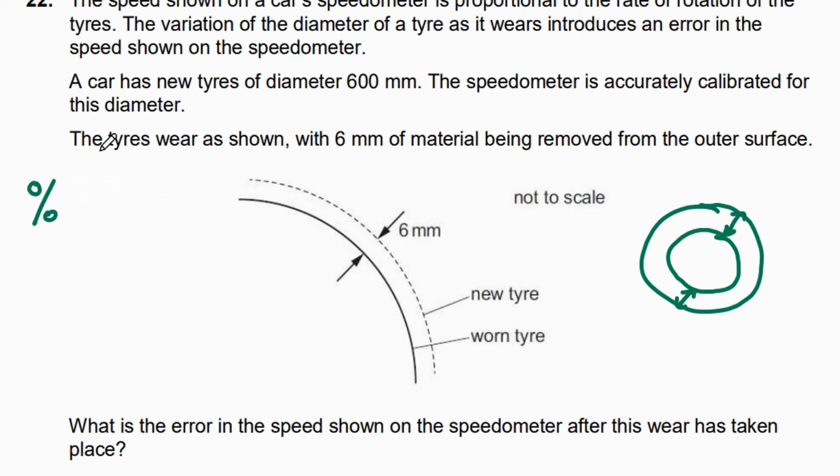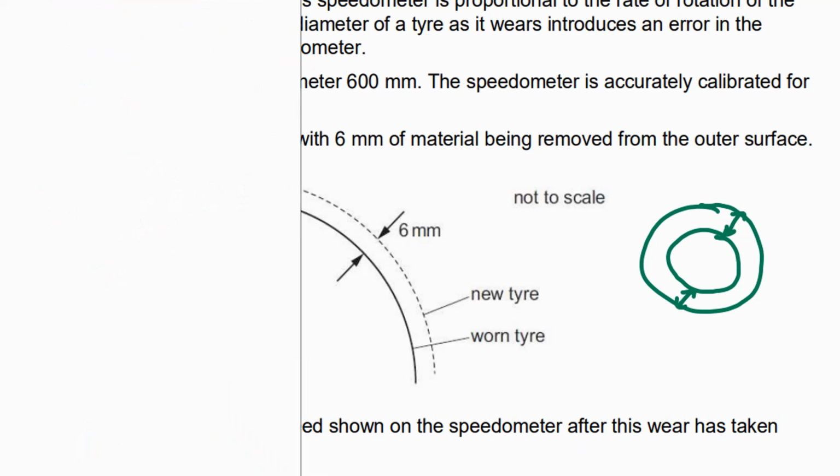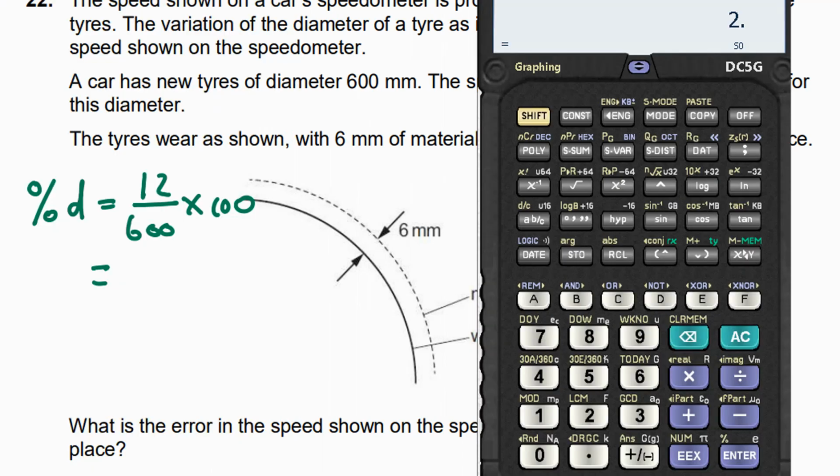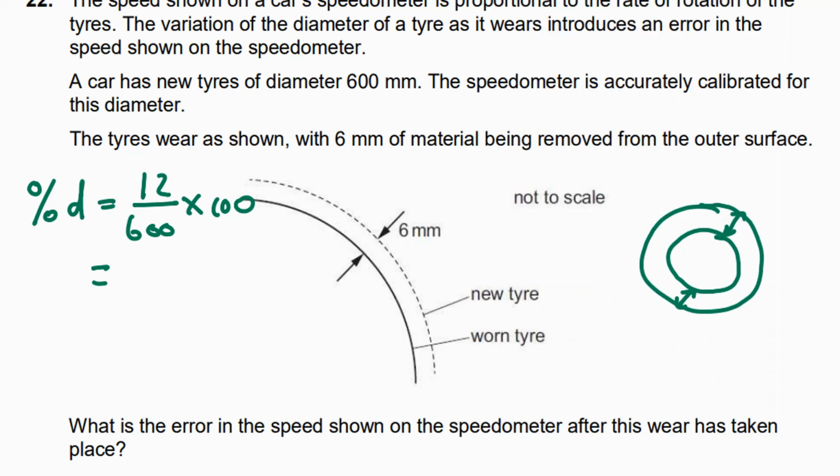It's going to be, of course, over the original diameter. It's going to be 12 divided by 600 times 100. So we can work that out. And that comes to 2%. So the diameter decreases by 2%.